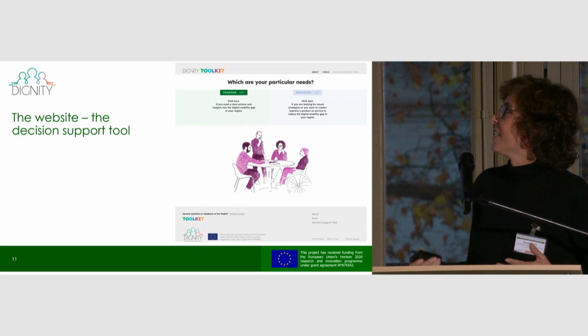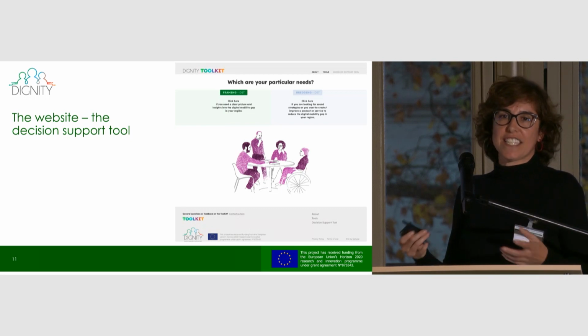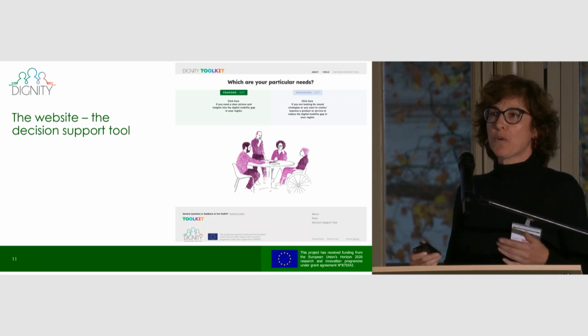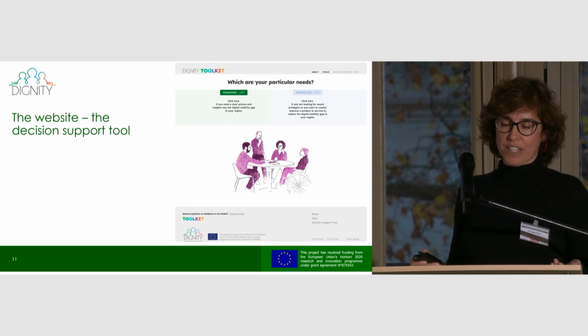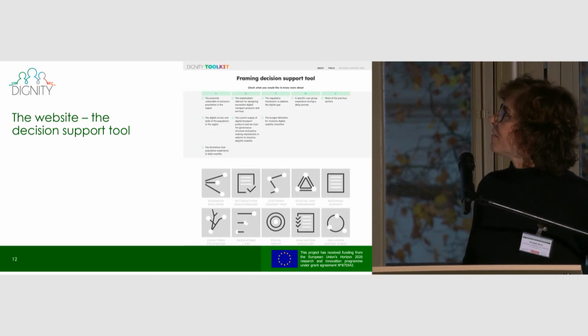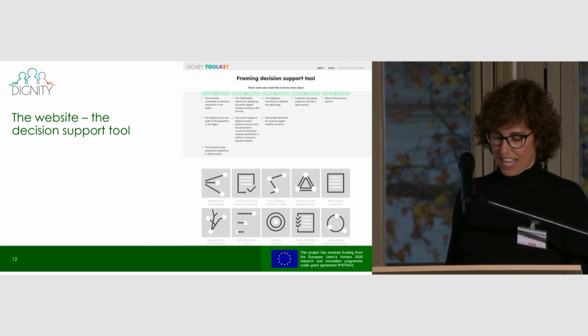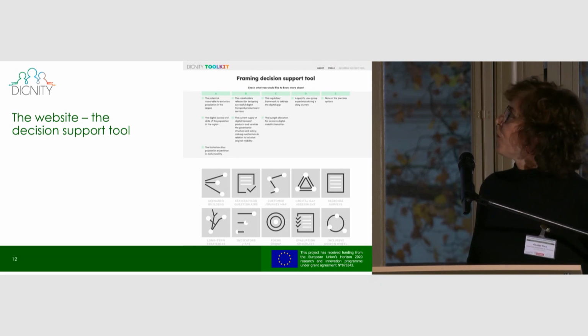So for instance, if you're a stakeholder and you want to have a clear picture of your digital gap in your region, you want to know more about your groups vulnerable to exclusion, etc., you would be guided through the framing phase. In the framing phase, well, I know that you cannot read this, but you will be asked about several aspects.